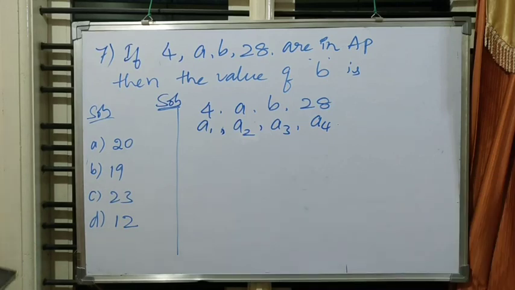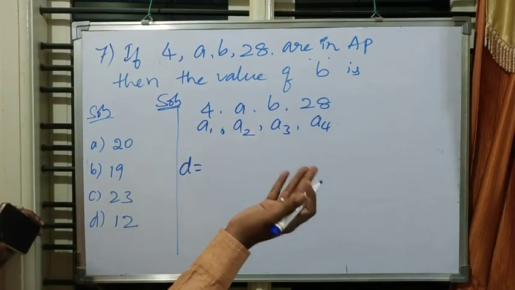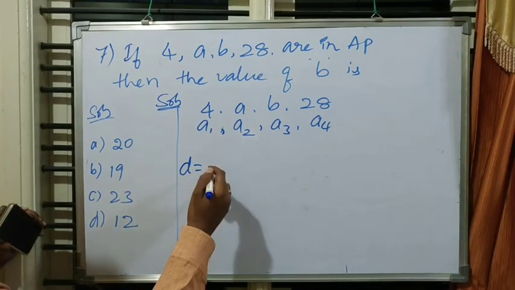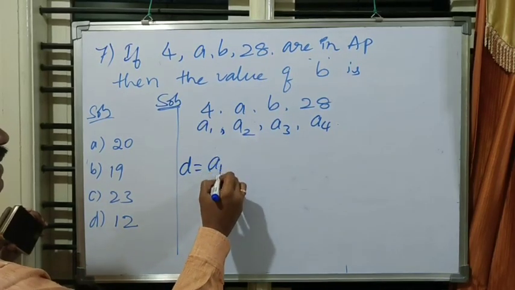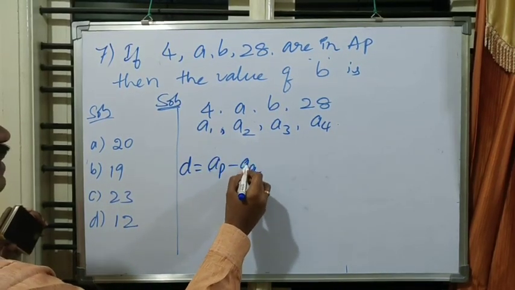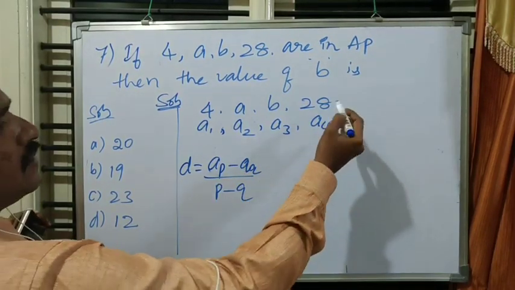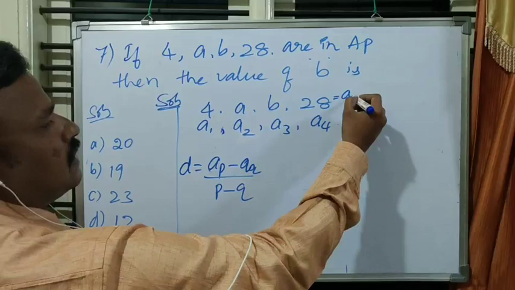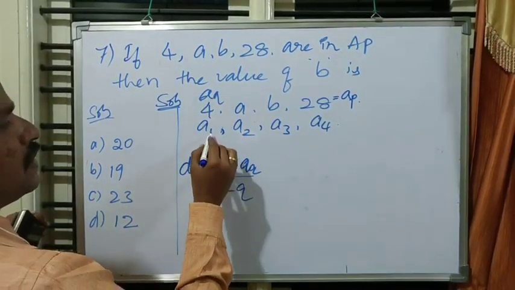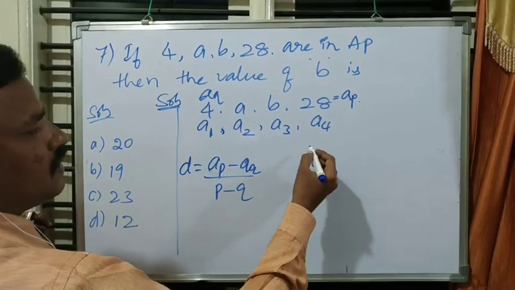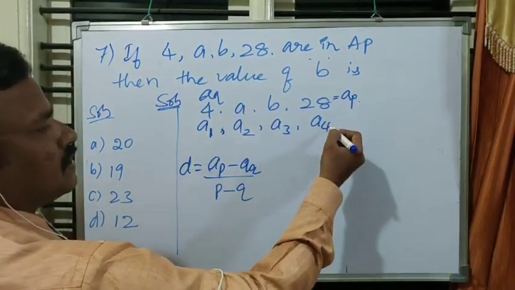The formula is D is equal to AP minus AQ divided by P minus Q. Here I have taken this as AP and this one as AQ. Q is 1 and P is 4.